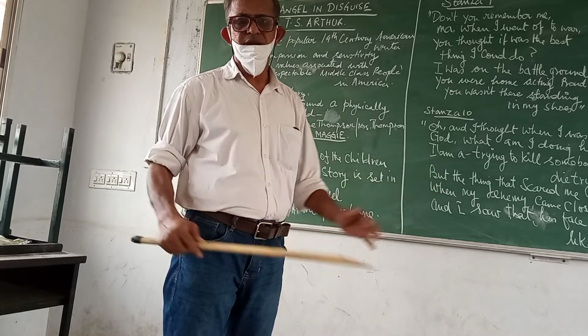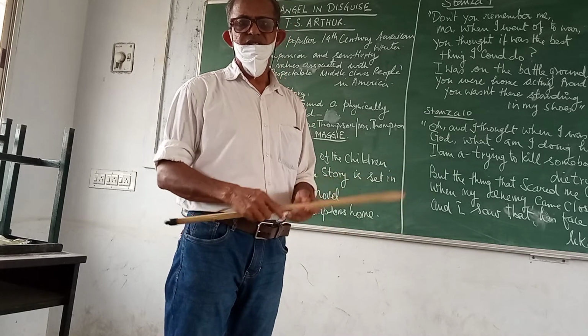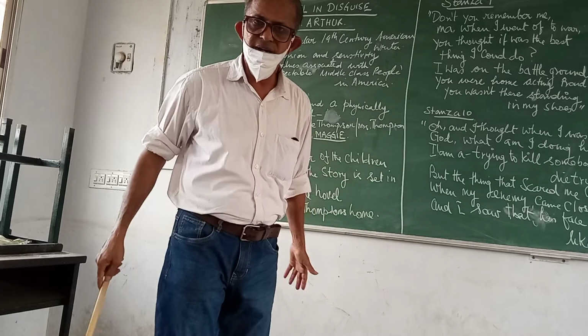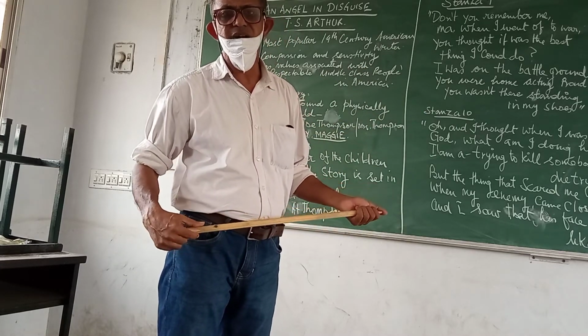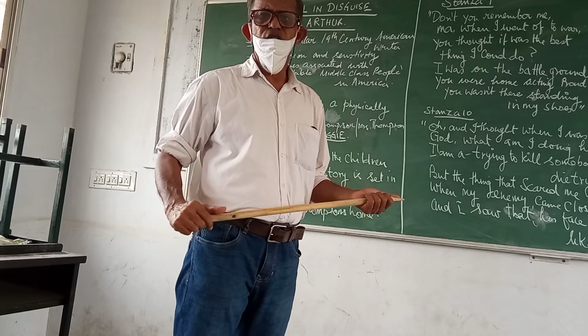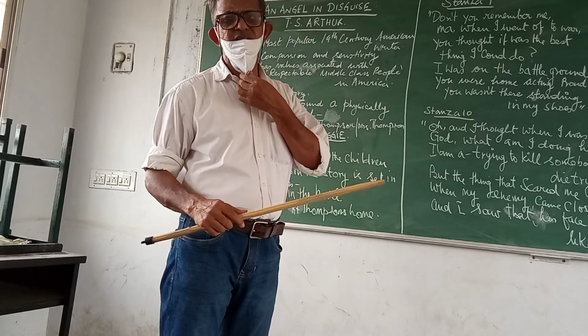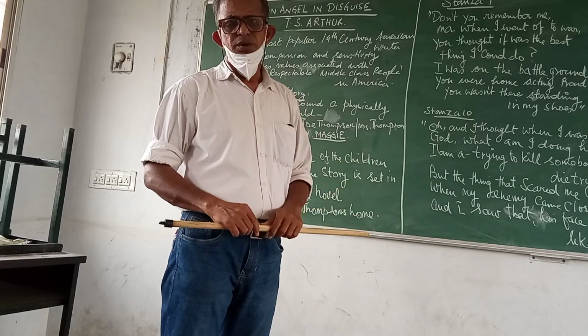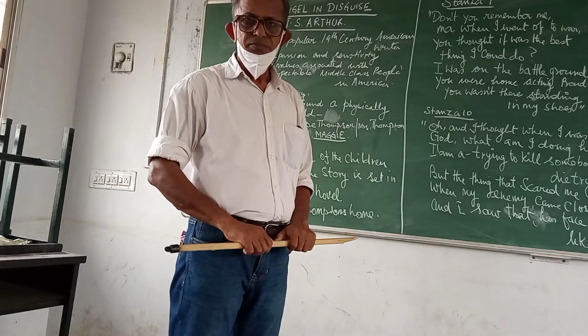So the next day, a carriage came, and in that carriage the body of the dead mother was loaded and taken away to the graveyard for burial. But nobody followed the carriage to the burial ground, because she was a characterless woman.